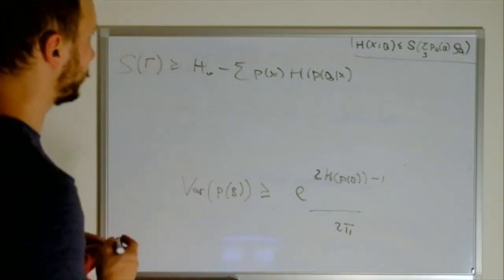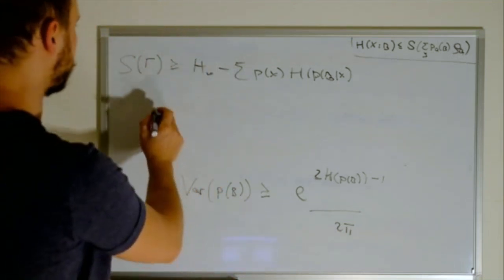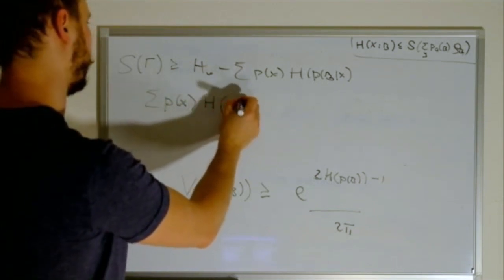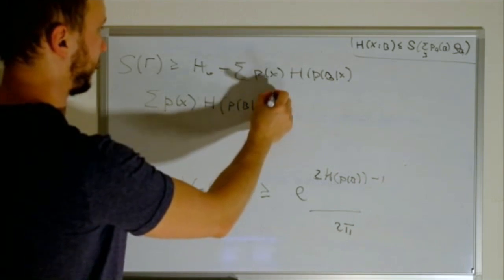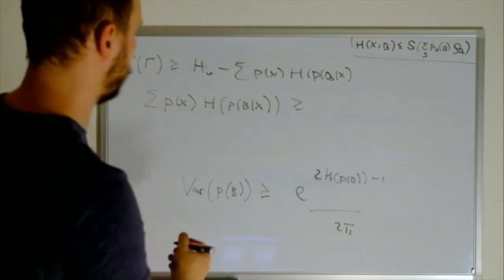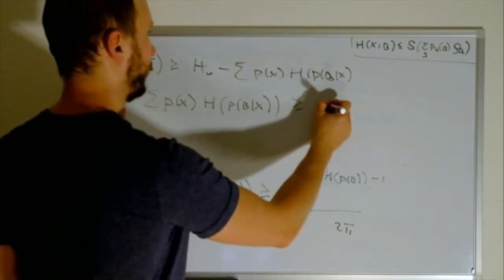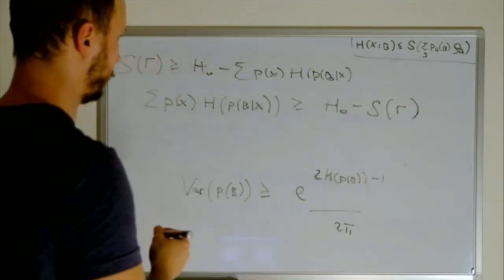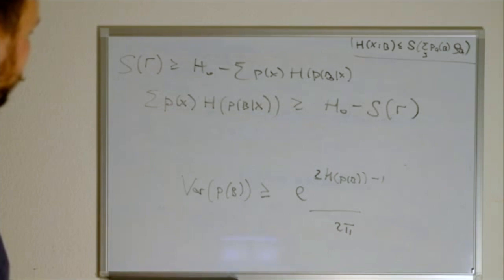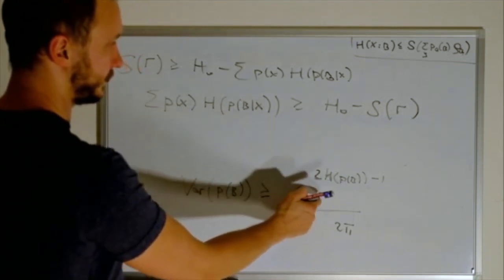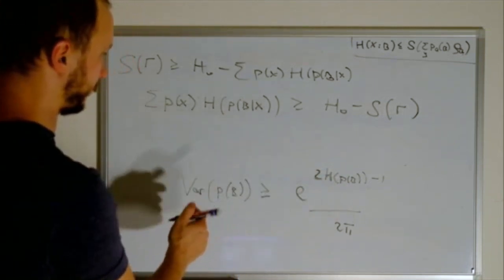We can write it in the following way, we just pass it on the other side, because this is a monotonically increasing function, right? This variance of p of x.